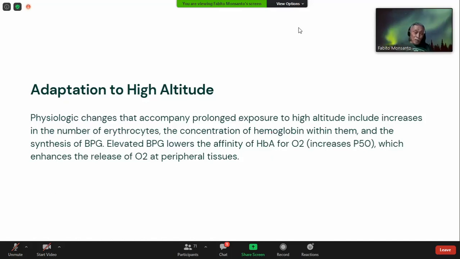So those people who are living in the high mountains or high altitudes have an increase of RBC. So that when they go down to the lowlands and there's plenty of oxygen, all of this hemoglobin is now being bound with oxygen.